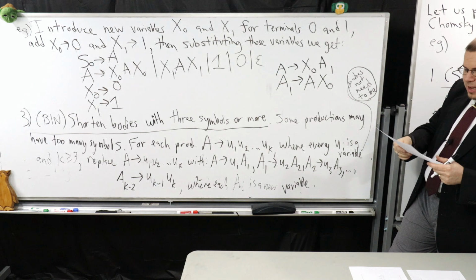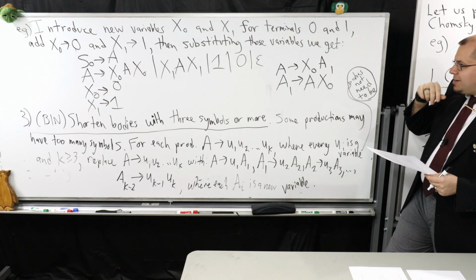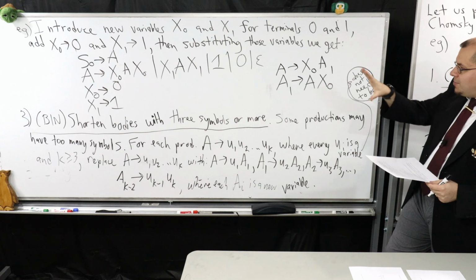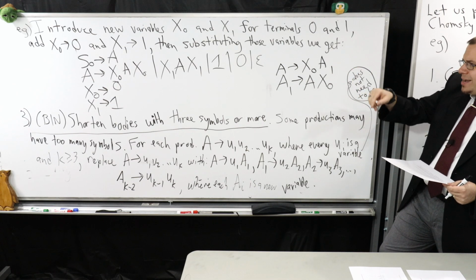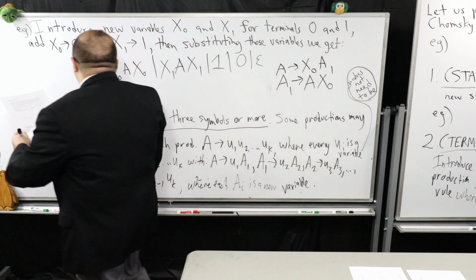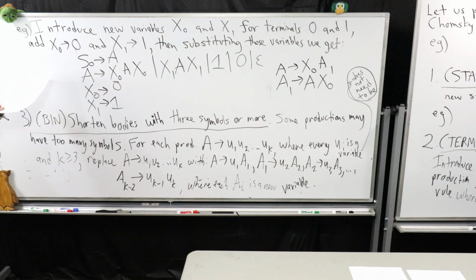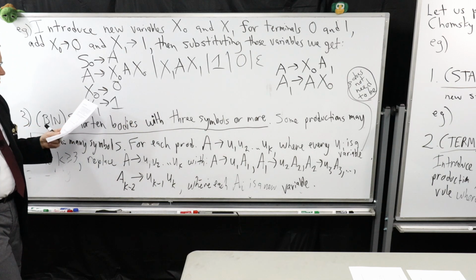So let's think about this. Let's look at our example over here, and I'm going to apply this idea I just used. Okay, so I have S0 A, I have all of this, so that first rule is okay. It's really these two that are the problem. They're way too long. They have 3 symbols in them.